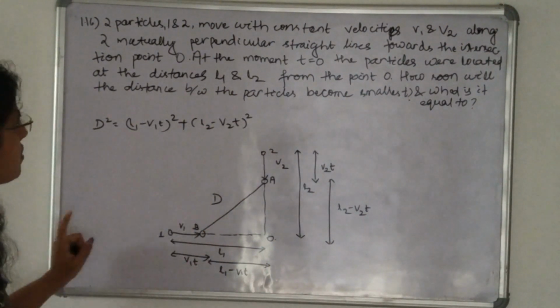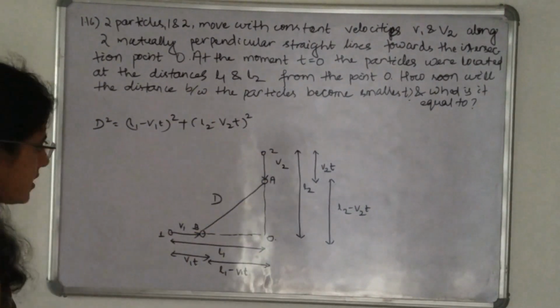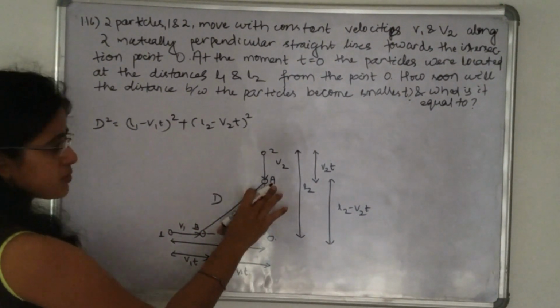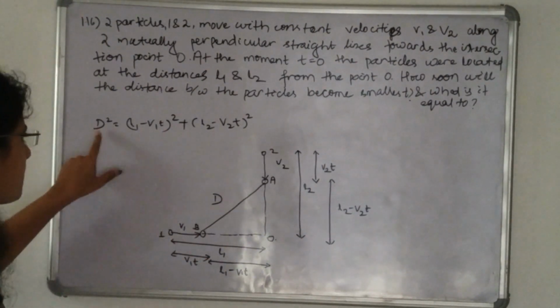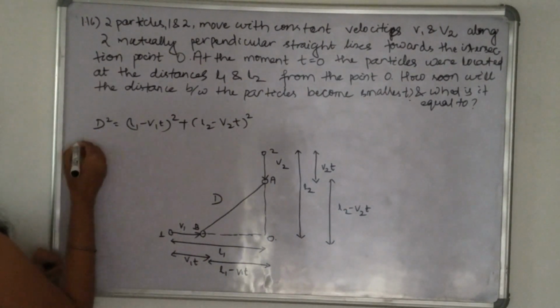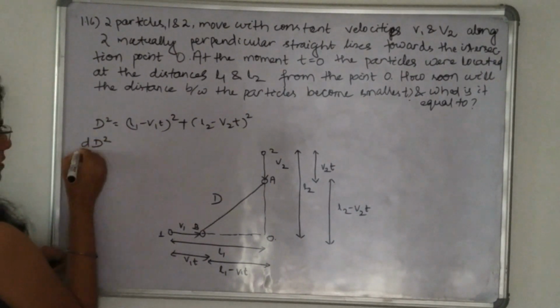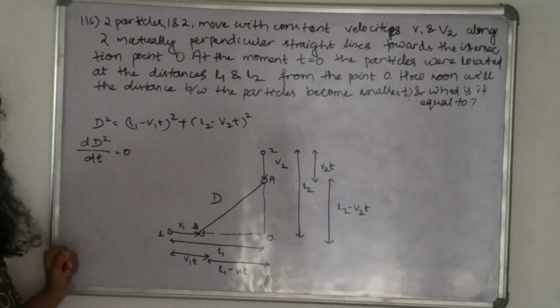So the question is, the distance between the particles becomes smallest. That is, this distance has to be the smallest one. So how can we find this distance? We have to apply here the principle of maximum and minimum condition. So that is, d(d square)/dt has to be 0.